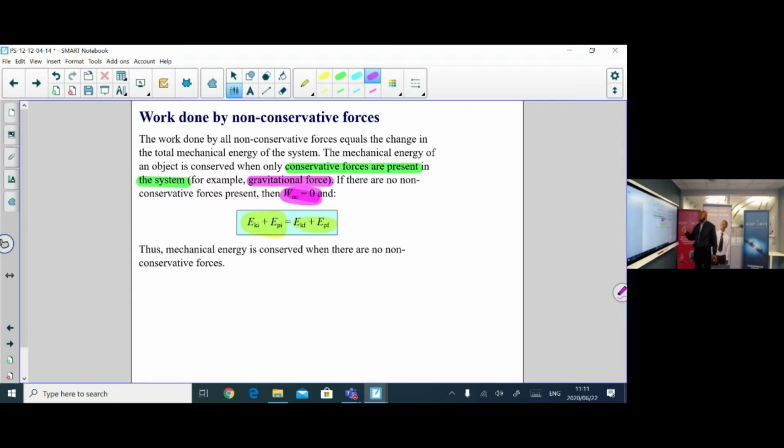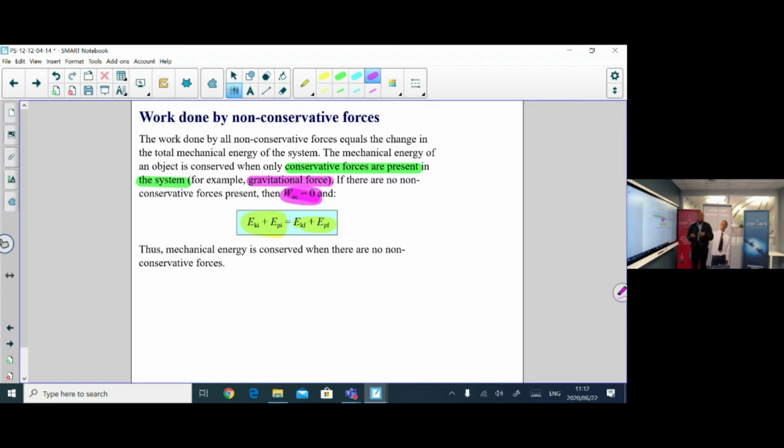They can say that during the motion, we are not going to have any non-conservative forces. You must think, okay, if we don't have non-conservative force, we have only gravitational force acting on that particular object, and then the motion will rotate around.